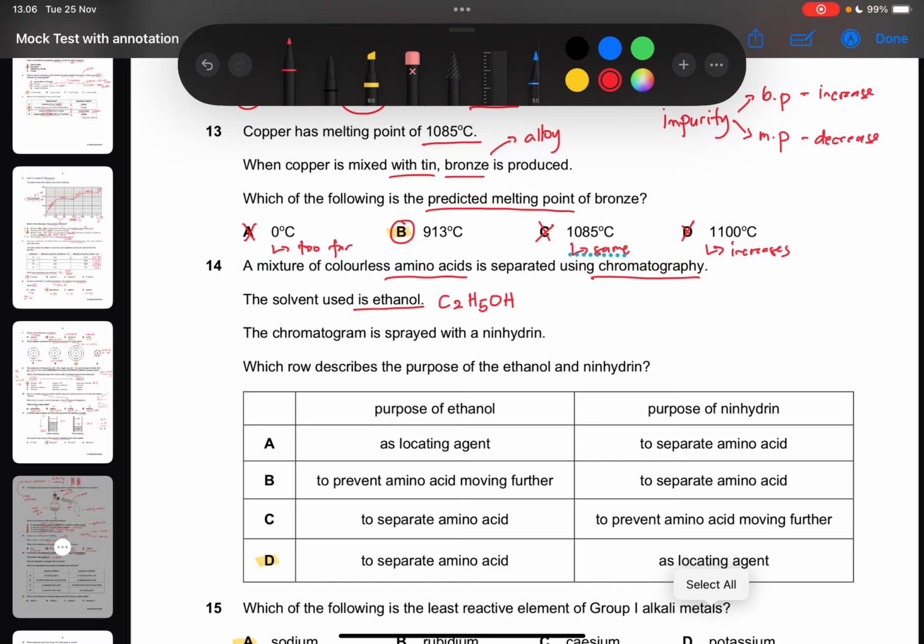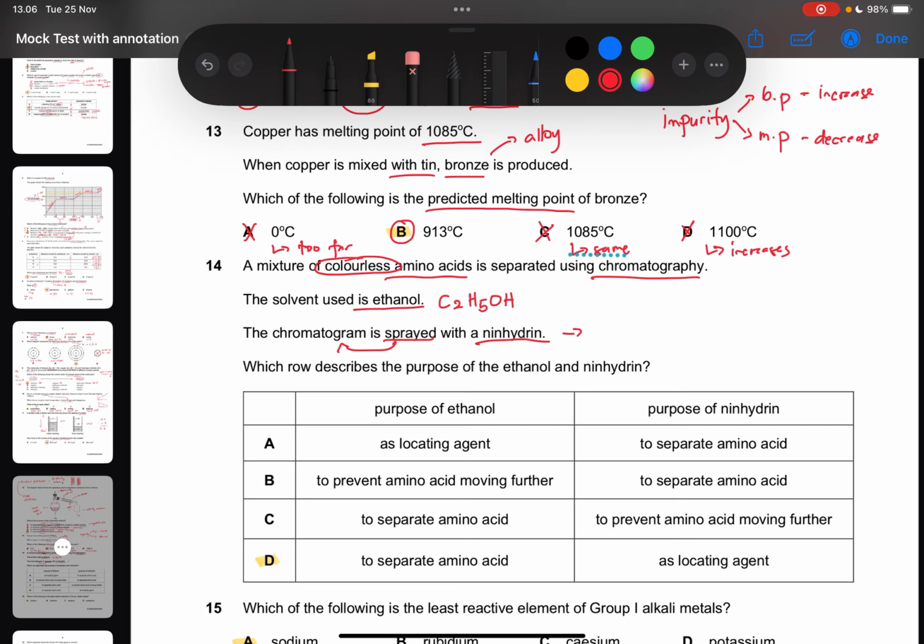A chromatogram is sprayed with ninhydrin. So why do we need to spray something on our chromatogram? Because our amino acid is colorless. Therefore, after the chromatography, we cannot see anything from the result. So we need to spray a ninhydrin.